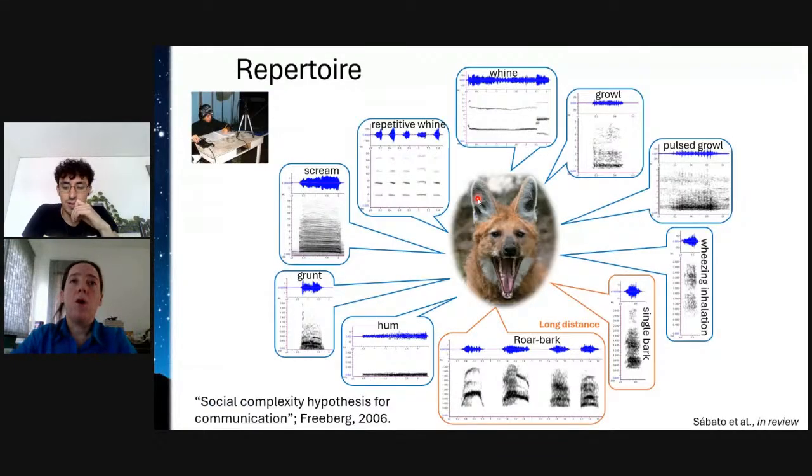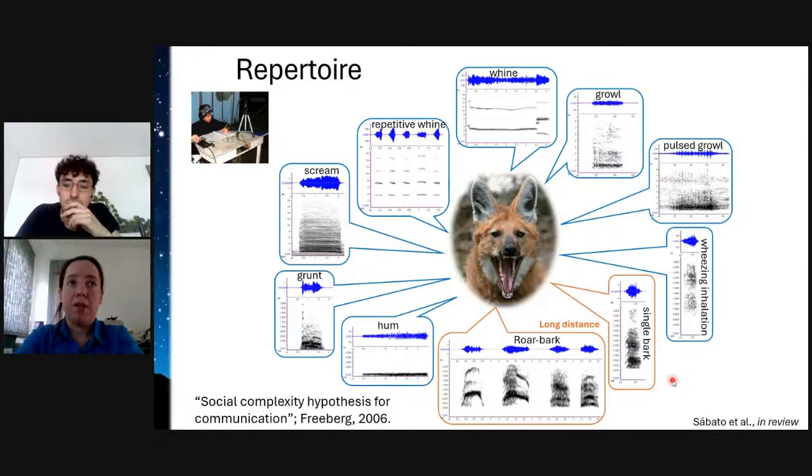And what he found is that the maned wolf has a very large set of different sounds it makes. And this is called a repertoire. It goes from more close-ranged vocalizations like whines and growls and grunts to more long-range vocalizations like roar barks and the single bark.